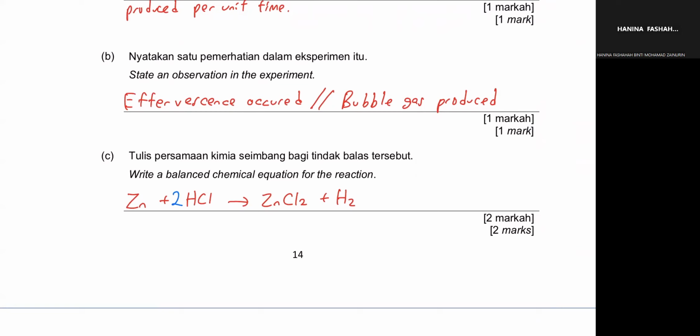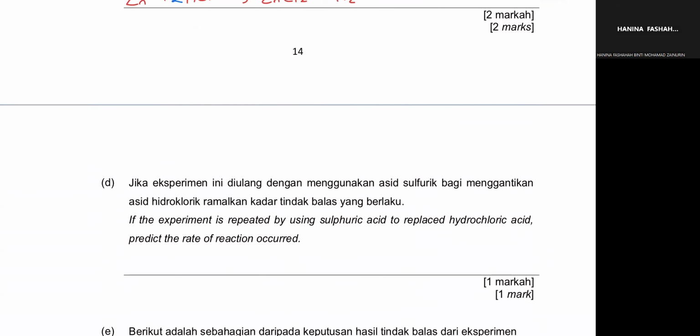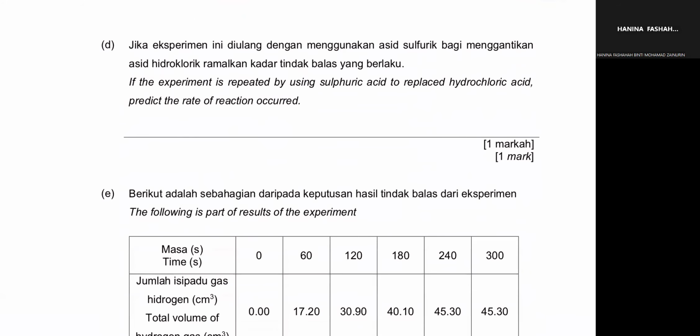Better don't misspell, I just afraid that if too many words are misspelled, they will mark you wrong, they don't know what it is. If you are not clear, then you can write bubbles of gas produced, if you are scared. Accepted. Then the next one is very simple also.